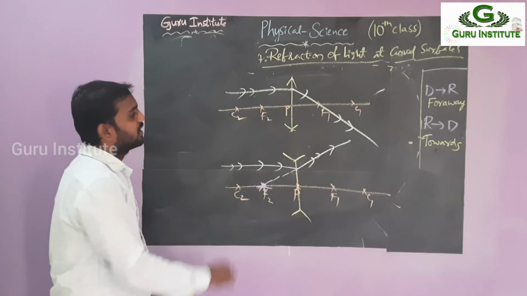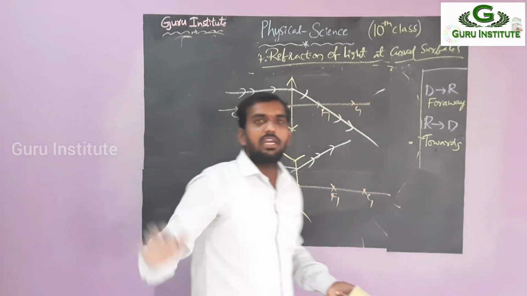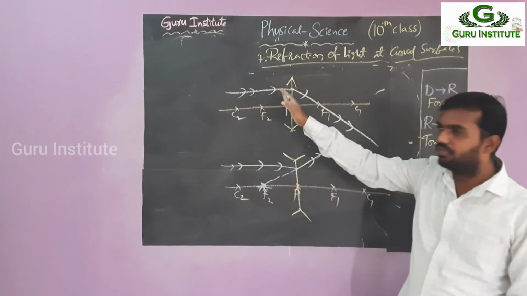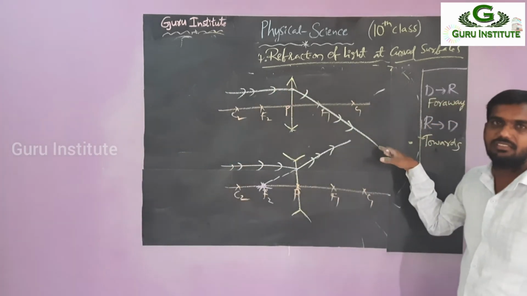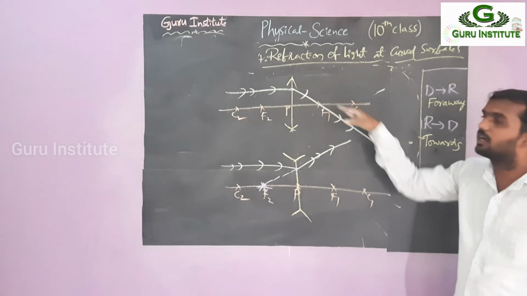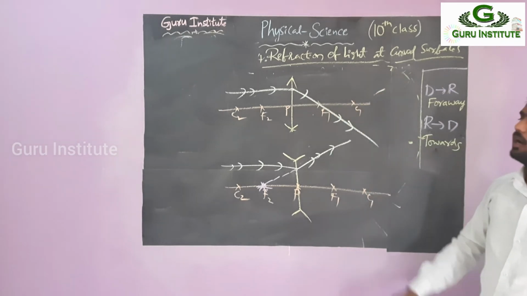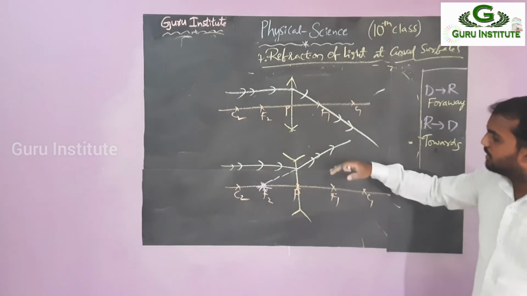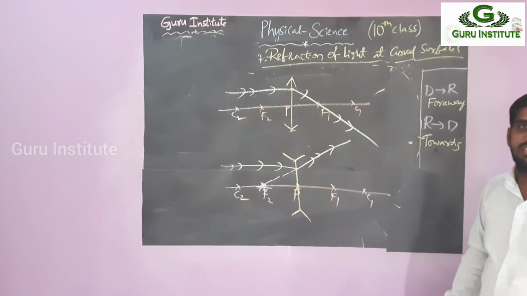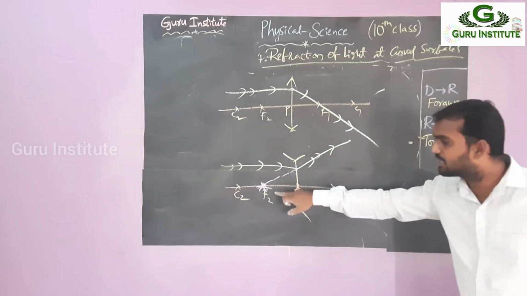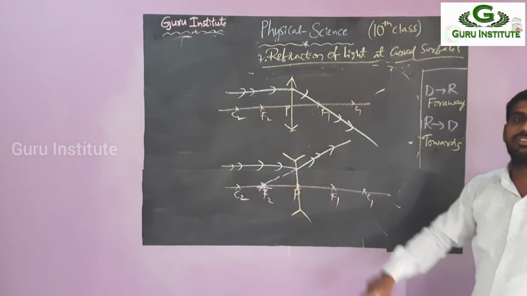So from these two pictures, what can we conclude? In a convex lens, after refraction, the rays will be converged. Converged means directly meeting at the principal axis. In a concave lens, they will be diverged. That means they are not meeting the principal axis directly, but indirectly. So that's why that is diverged.